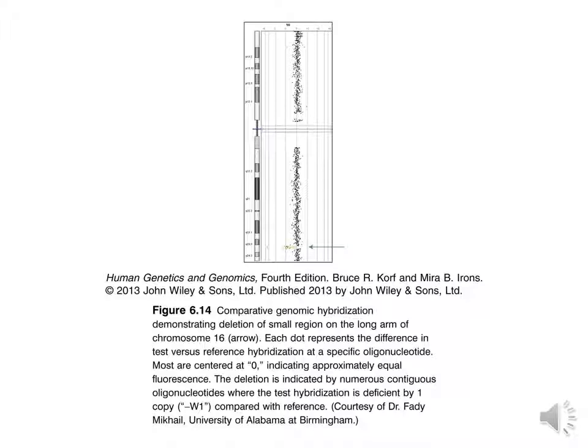The deletion is indicated by numerous contiguous oligonucleotides where the test hybridization is deficient by 1 copy compared with the reference. We will be having a guest lecturer speak about this technique as well as some of the other cytogenetic techniques in a couple of weeks.